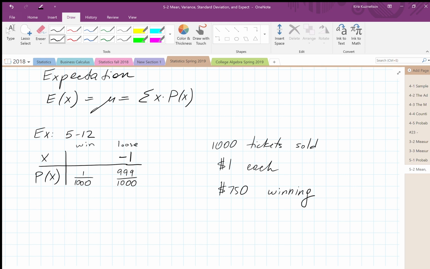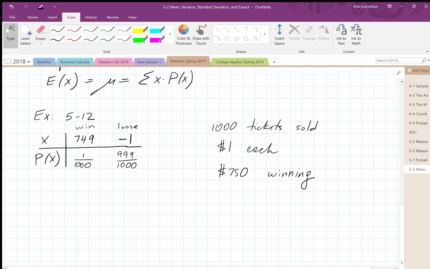Now winning. If you win, you will win $750 worth of television. So $750 is your X, but you have to accommodate for the fact that you've already spent $1 on purchasing a ticket. So the actual X is 749.